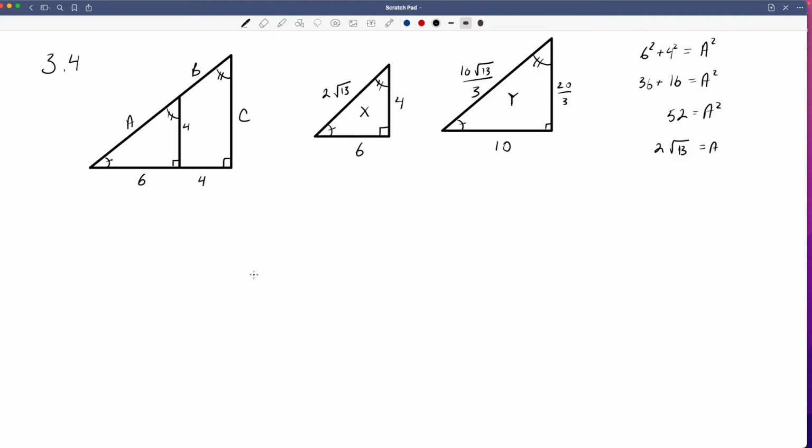So the proportion method, I'm going to have triangle x over triangle y, and I am going to use the A, we'll call that the base leg. That's going to be 6 over 10. B is going to be the upright leg, and that is going to be 4 over, oh, and what was that?